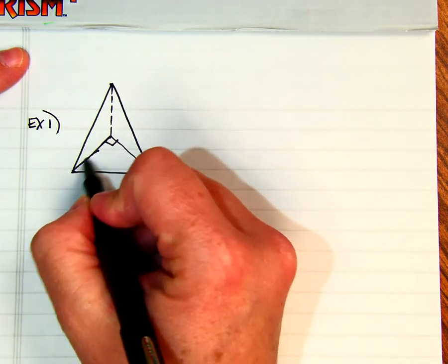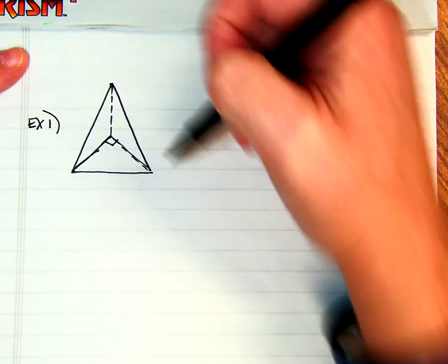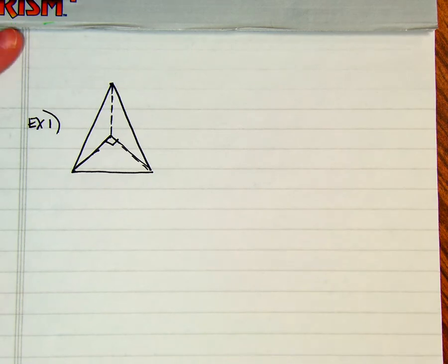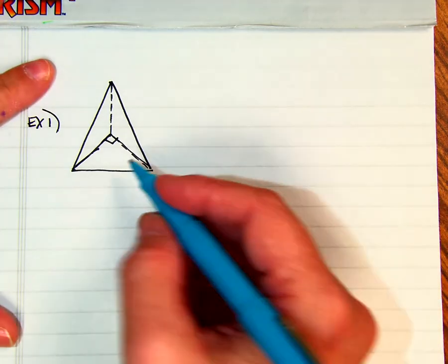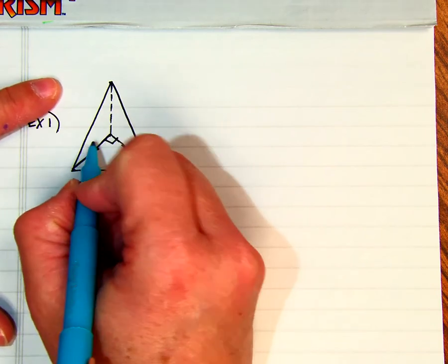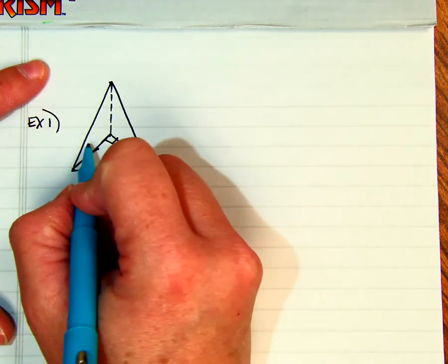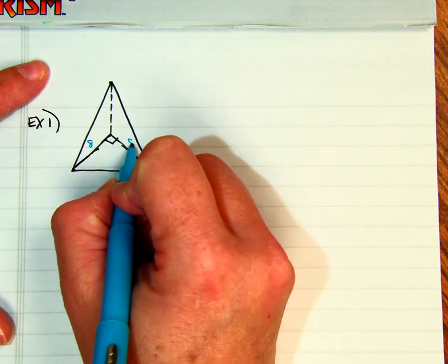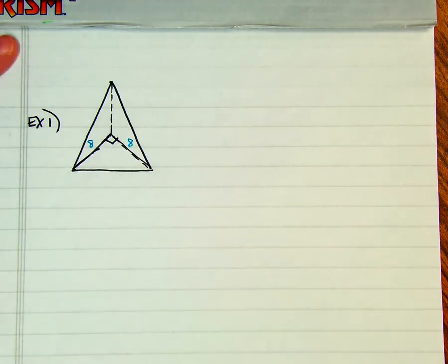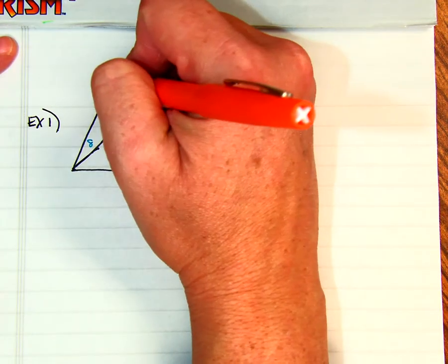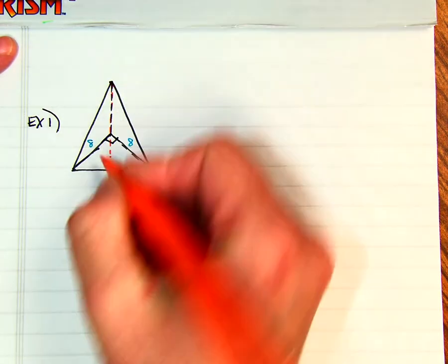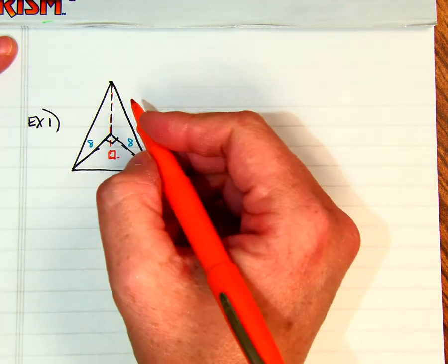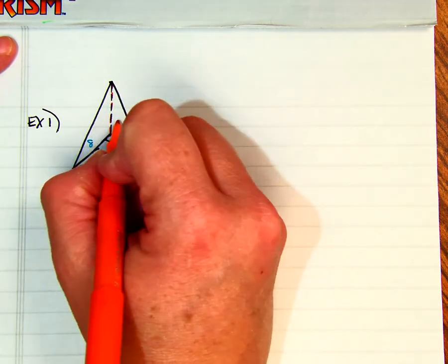Technically, this should be dotted, and this should be dotted. Okay, so we have a triangular pyramid. I'm going to say that this side is 8 and 8, and then I'm going to say that the height of the pyramid is, we'll make it 12.